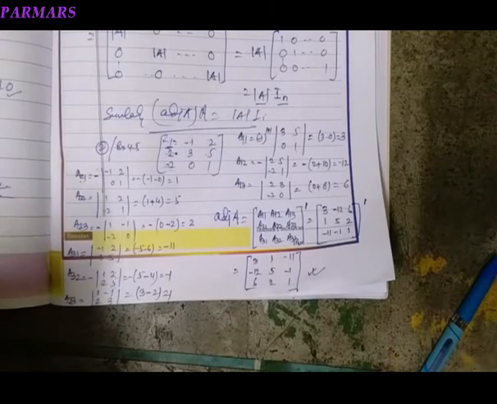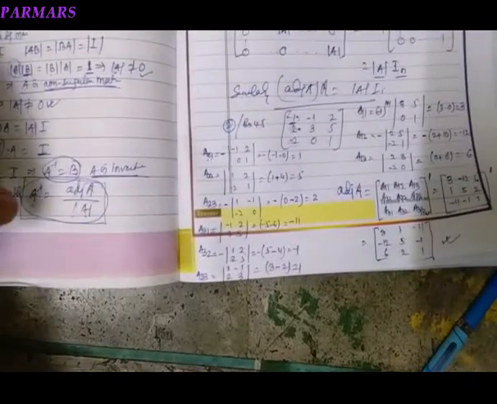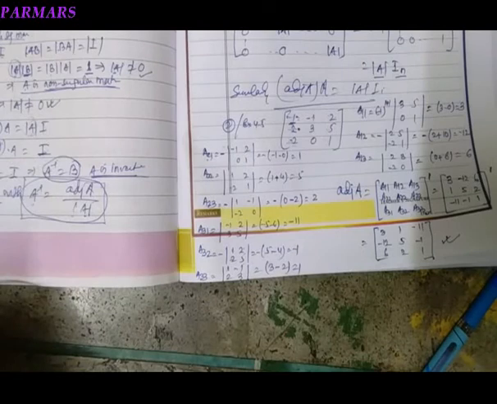Now in order to find inverse, you have to find its adjoint. First you find the adjoint, and then how can you find inverse? Is there any formula? Yes, there is a formula. A inverse is adjoint A divided by determinant A. So you have to find the value of determinant also. So in this way we can do it.